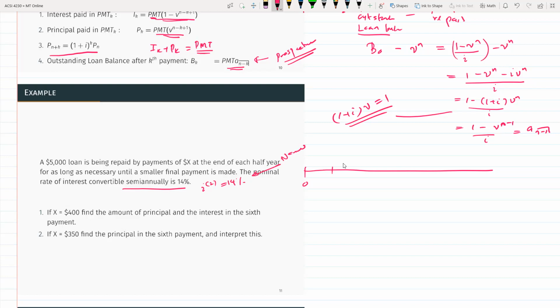So then the effective rate for 6 months is 7%. This is i2 divided by 2. What is this? This is the effective rate for 6 months. Now the loan is 5,000, and the payments are X.